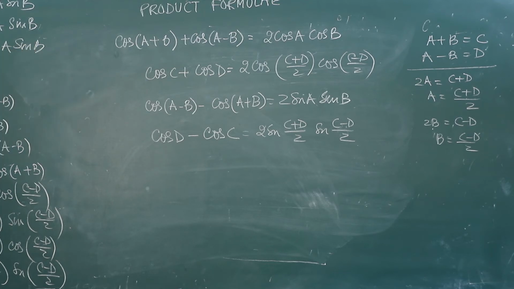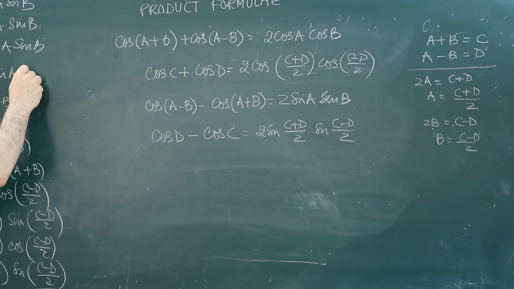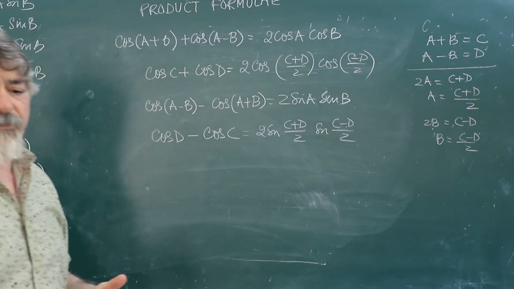Cos (A minus B) is cos A cos B plus sin A sin B. So from these 4 formulas we have obtained 8 more formulas.